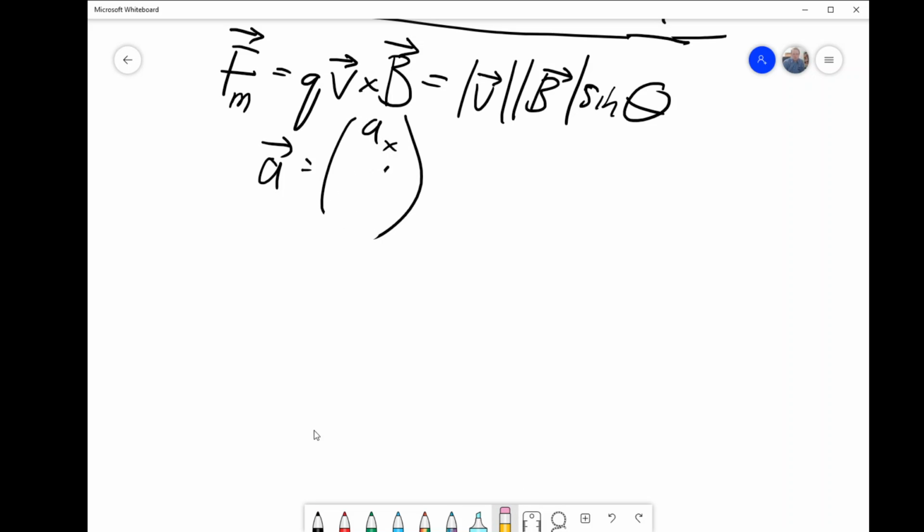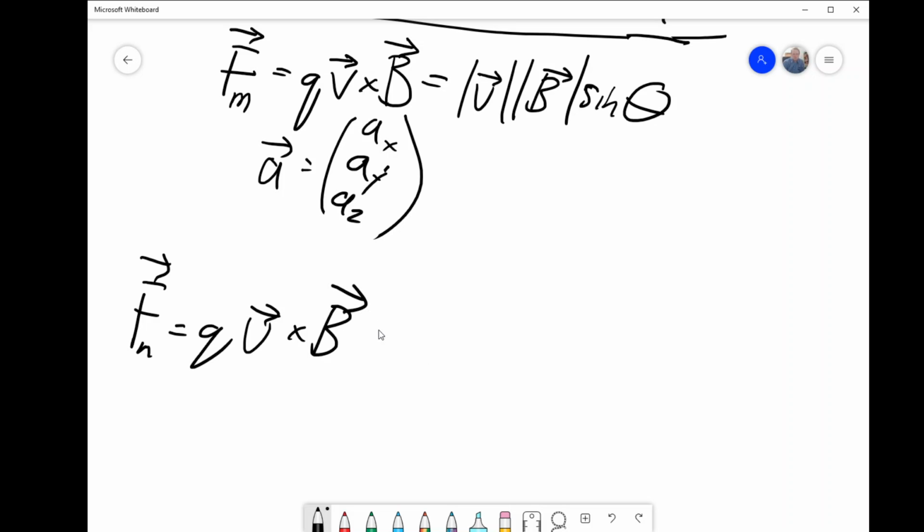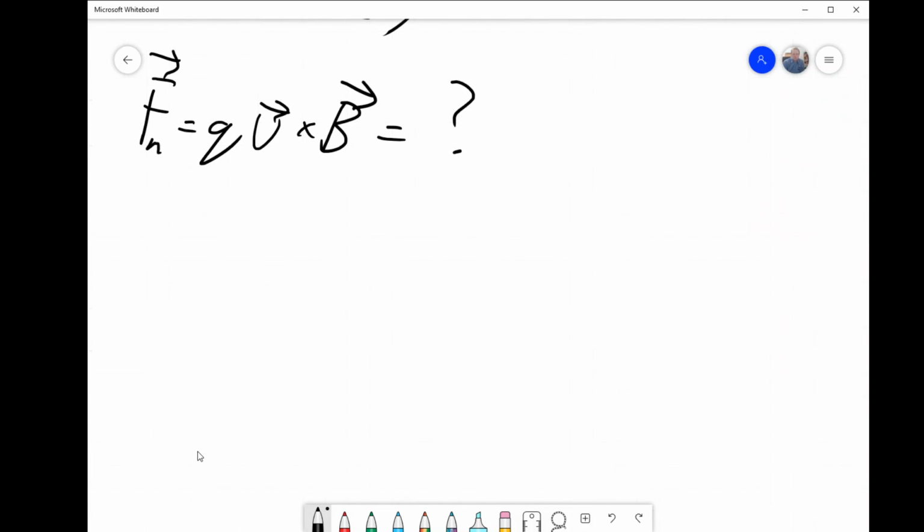Let me just clean that up a bit. So we can write it as 3 components just in a column. So if F is Q, V, and B, can we write that in components somehow? We can. Rather than have all the Q's and V's and B's floating around, I will do the general case of A cross B first.